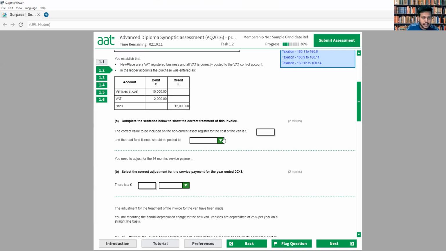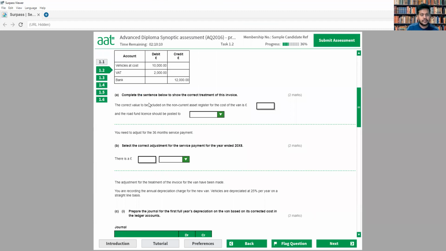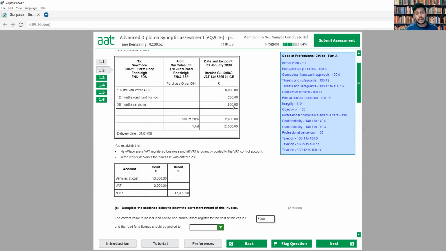Let's have a look. What is the requirement here? Complete the following sentence below to show the correct treatment of this invoice. The correct value to be included on the non-current asset register for the cost of the van is 8,000, isn't it? We know it, because 200 for the road fund and 1,800 for the servicing will not be included.